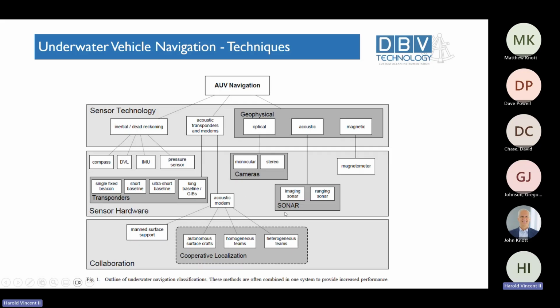And then to the right here, you'll see that there's sonar systems installed. You have imaging sonars and ranging sonars. You'll have the cameras. You might have a magnetometer. And then down in the bottom, you see this block for collaboration. That collaboration includes working with other vehicles like a surface vessel to aid in the undersea operations of the autonomous undersea vehicle.